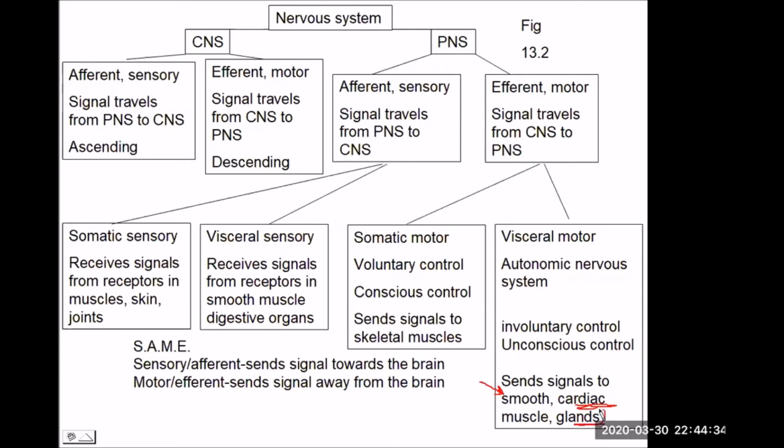So the glands, this would be a good example. You could just simply smell food or see food, and you could start to produce saliva. It's not something you directly have to think about. Or your heart rate, right? You can't directly decide that you just want your heart to beat faster, but based on your mood and behavior and activity, you're going to have that unconscious or involuntary level of motor or efferent function.